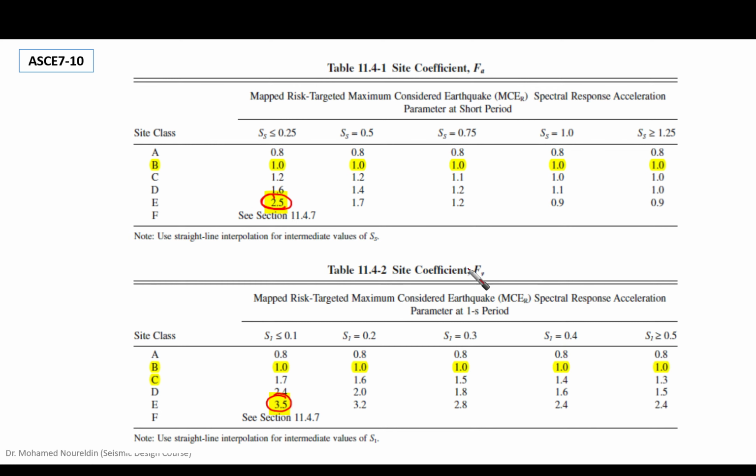Take care, FV is the factor for 1 second, and this is for short period, this is long period. So this is 2.5 here. Look, the maximum here is 3.5. So for longer period spectral acceleration, we are going to have a higher amplification factor, which is 3.5 compared to 2.5 here.